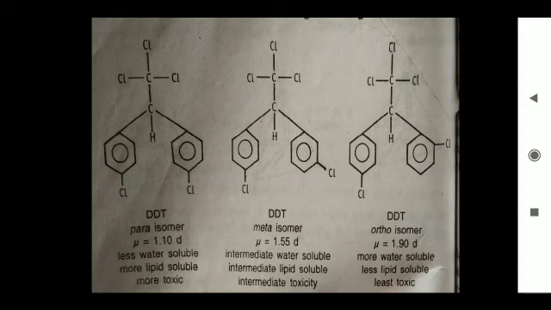The third isomer of DDT is the ortho isomer, having 1.90 D. This is more water soluble and less lipid soluble. Insects have a lipoidal membrane, so an insecticidal agent must be highly lipid soluble to have a more toxic effect on the insect. Of the three isomers, the para isomer has the lowest dipole moment and high lipid nature.